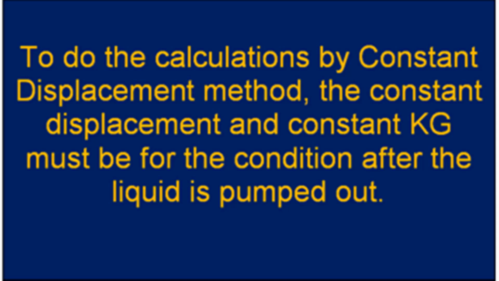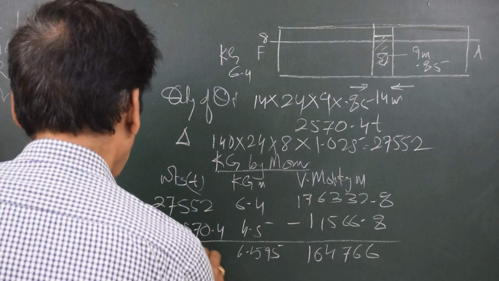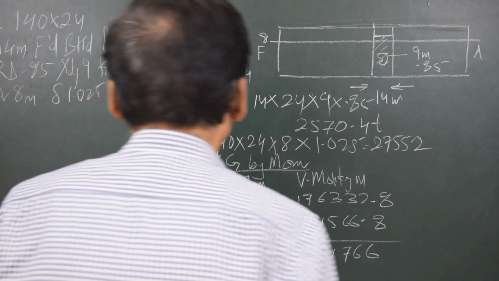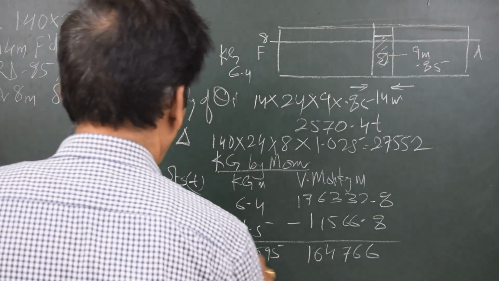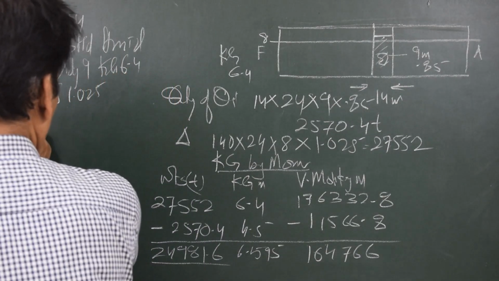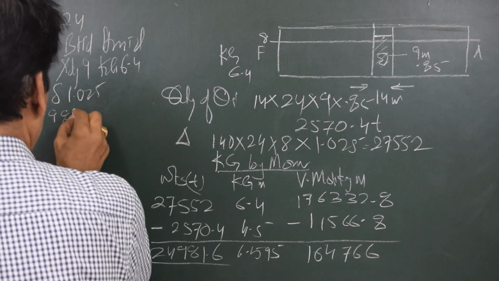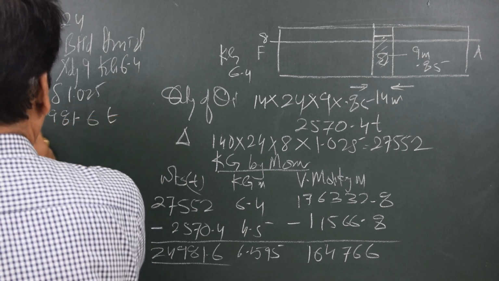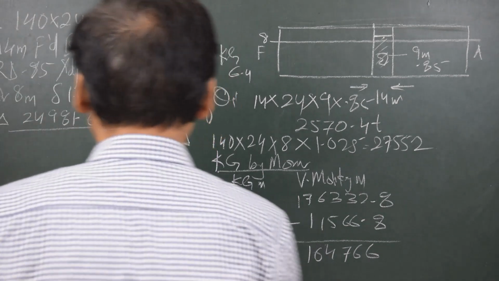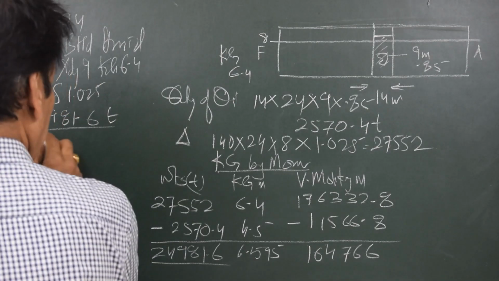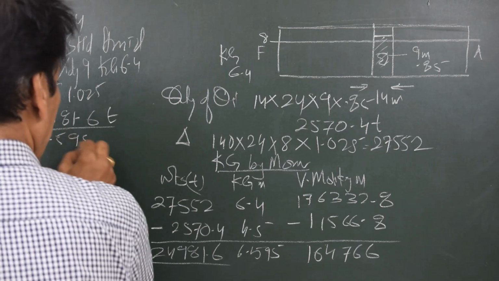So the constant displacement for the question is going to be 24981.6 tons. This displacement is not going to change, and the KG is going to be 6.595 meters.